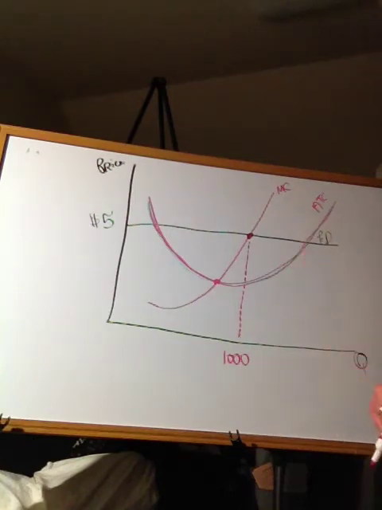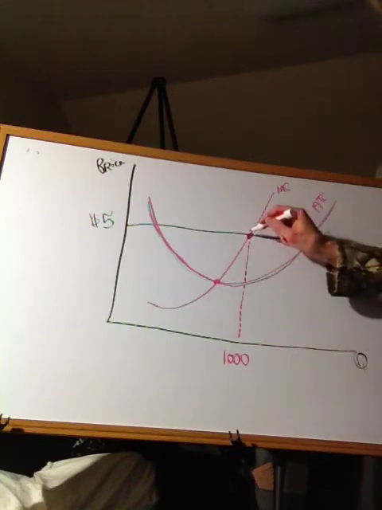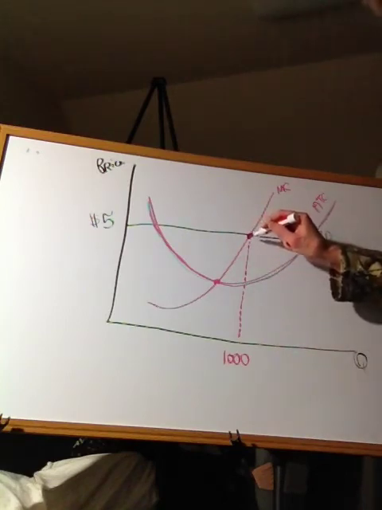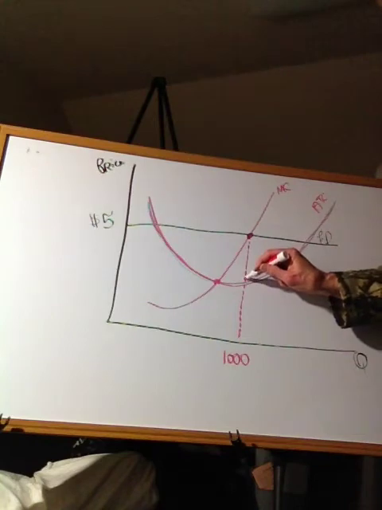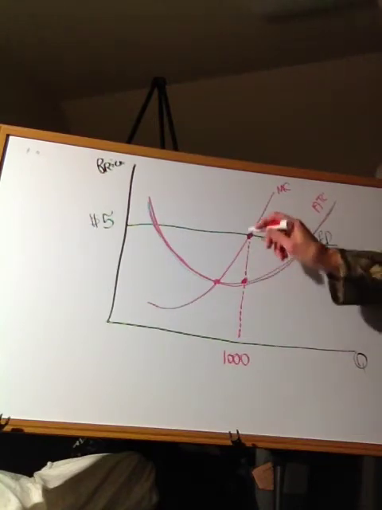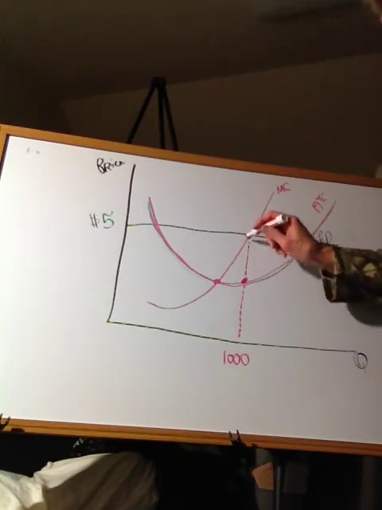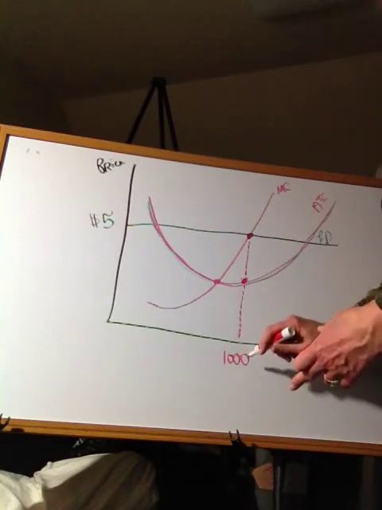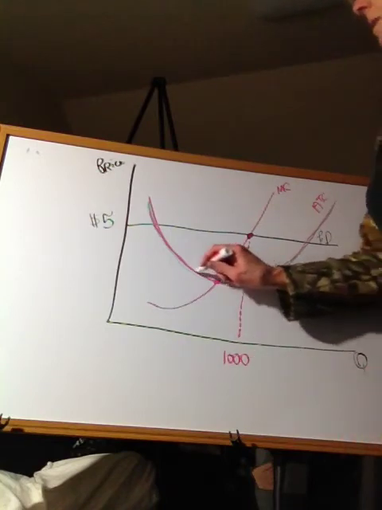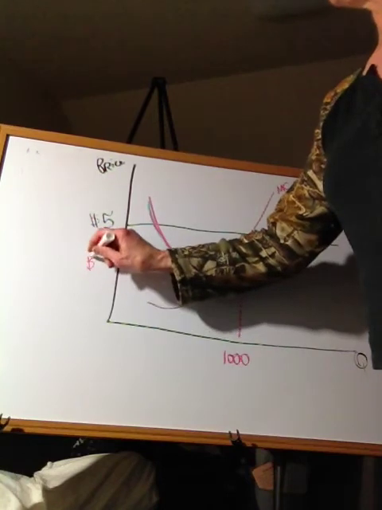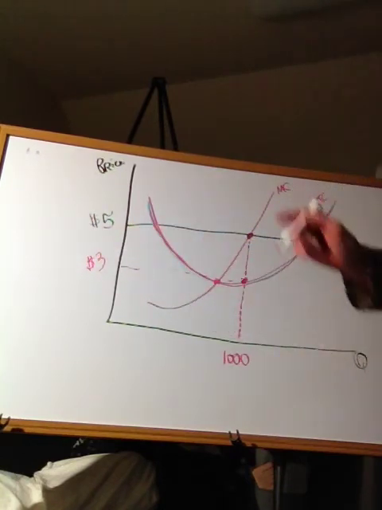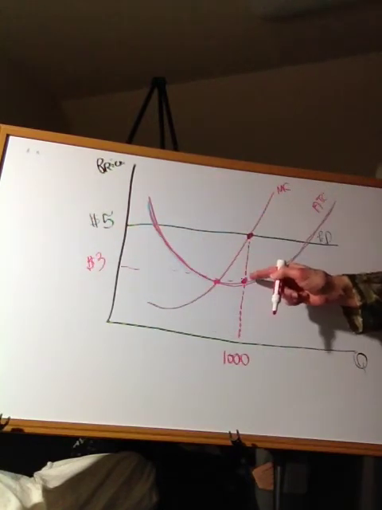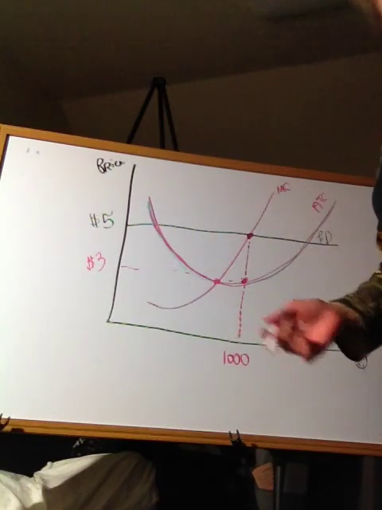The second step is to take the price, which we know is $5, and subtract from it the average total cost. Well, here's the average total cost coming in contact with this line. So I'm just going to make this up. I'm going to say that the average total cost at a production of 1,000 is going to be $3. So the price of $5 minus the average total cost of $3 will give you $2.